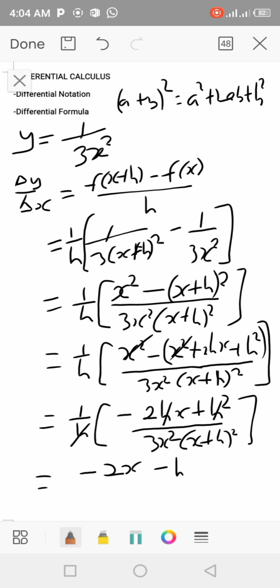So we are talking about this minus here. So we're just going to affect everything inside the bracket. So whole over 3x squared x plus h squared.